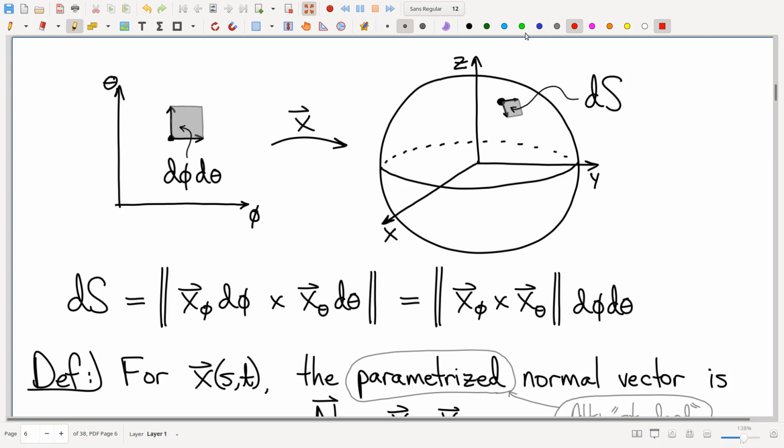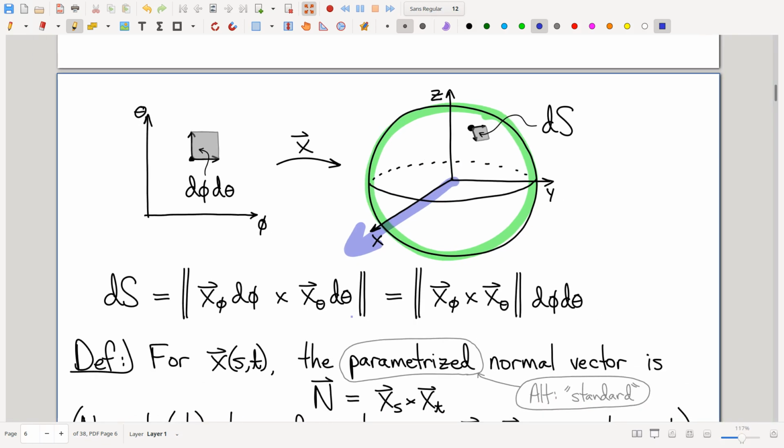We have a parametric surface. In this case, you see we have a sphere where position in space is a function of our two parameters, and our two parameters are phi and theta.